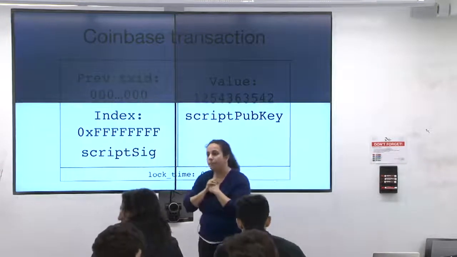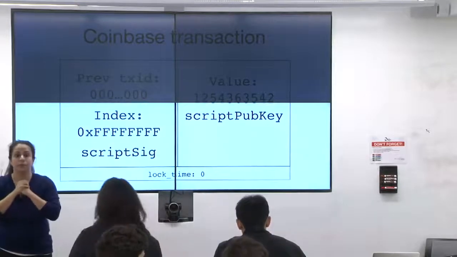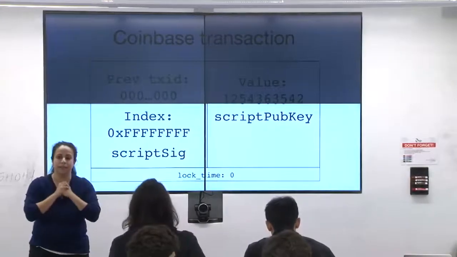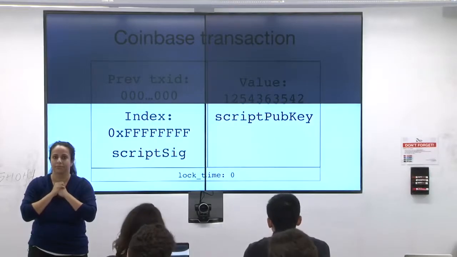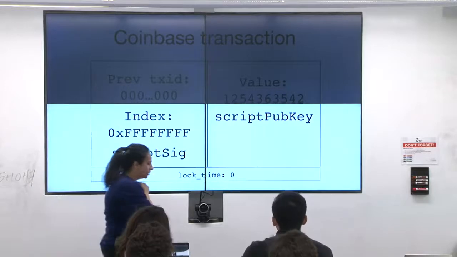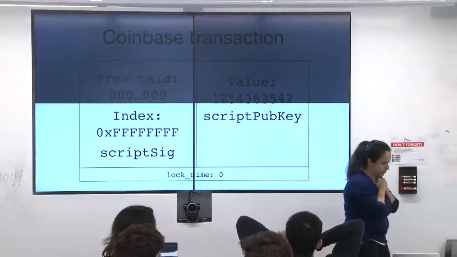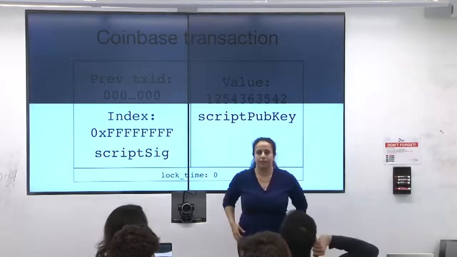Yes? What's restricting them to 12.5 Bitcoins? Great question. What would happen if a miner put 100 Bitcoins in there? Any idea? What's keeping that at 12.5 Bitcoins is the same thing that's keeping invalid transactions out of the blockchain, which is the consensus rules of Bitcoin.